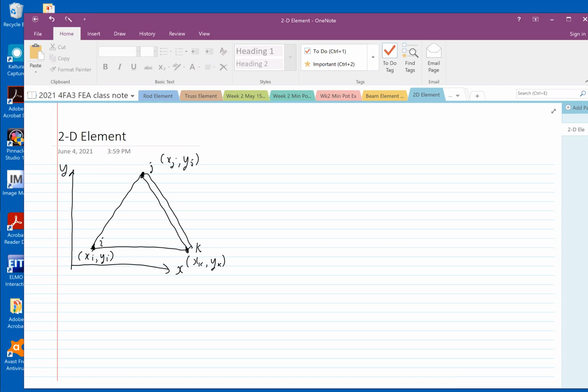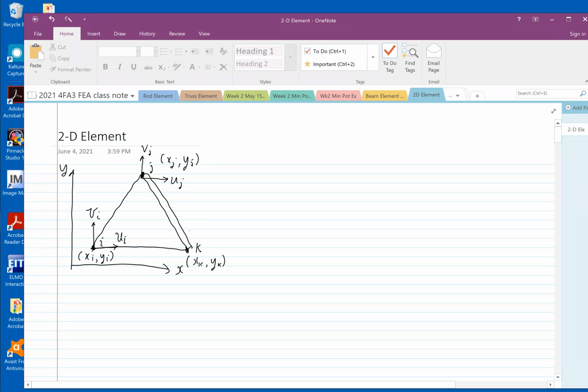And then each node is allowed to move because, remember, finite element is all about string energy. You deform something, and the energy is stored within the string energy of the system of elements. Each node is allowed to move 2 ways. Anything moving along the x-axis is identified as a u. So the movement on J node will be uj and vj.